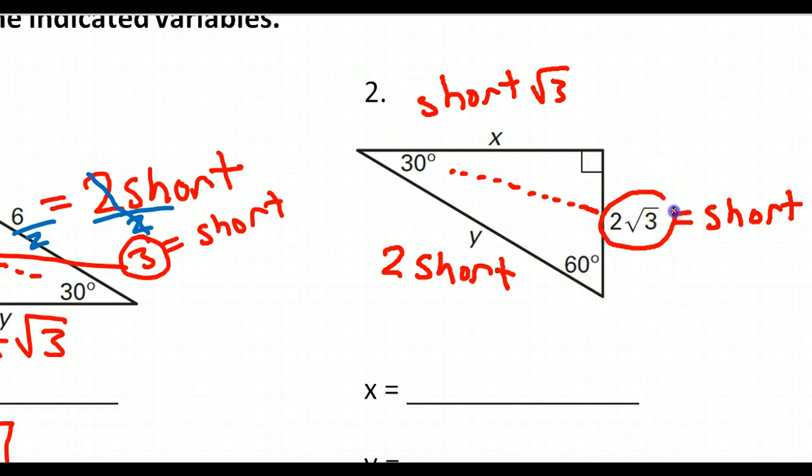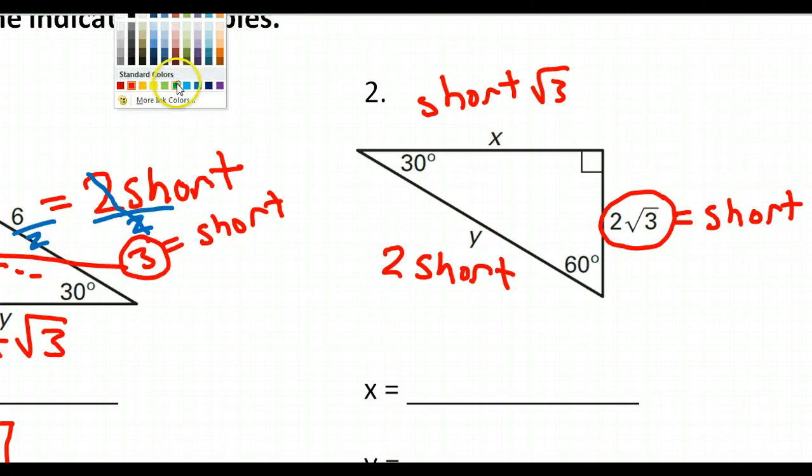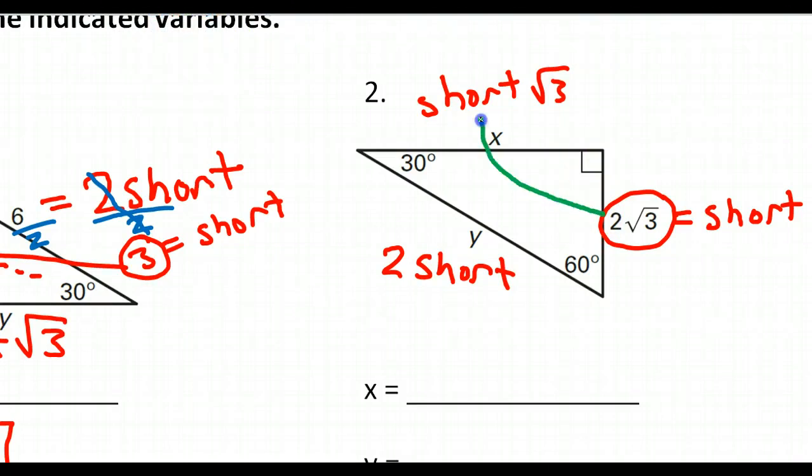Well, if the short leg is 2 radical 3, then I'm just going to put that where it goes. As soon as I know that short is 2 radical 3, there's going to be a 2 radical 3 right here, and there's going to be a 2 radical 3 right here.